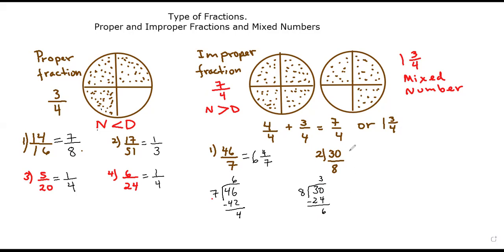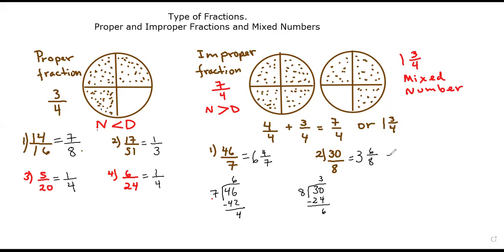So what I'm going to do is write 3, and 6, that is the remainder, over 8. But I cannot leave the answer this way. Why not? Because 6 and 8 are divisible by 2. I need to have this mixed number completely simplified.